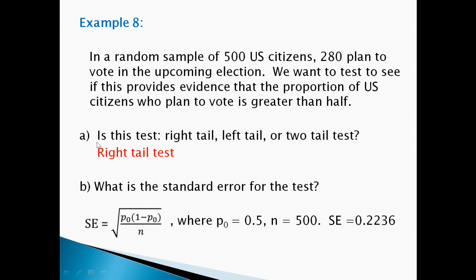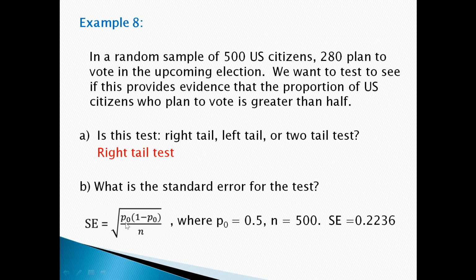Now, part A is saying, is this a right tail, left tail, or two tail test? So looking at the sentence, it's trying to prove that the citizens who plan to vote is greater than half. Since I'm saying greater, this is a right tail test. Part B is asking me to find the standard error. Now remember, since I'm finding the standard error for something that I need to test, I'm using this formula.